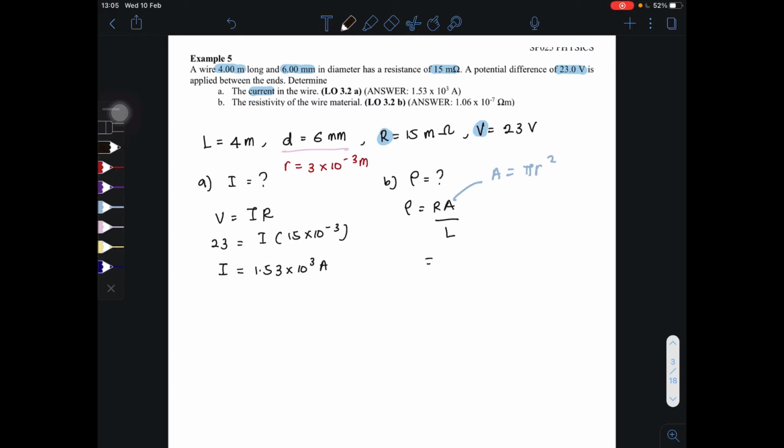So putting in, resistance will be 15 exponent negative 3 times π times radius 3 exponent negative 3 squared, then divided by the length, which is 4 meter. So resistivity will be equal to 1.06 exponent negative 7 ohm meter. Okay, so that will be example 5.